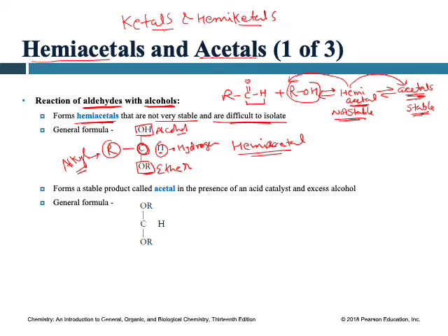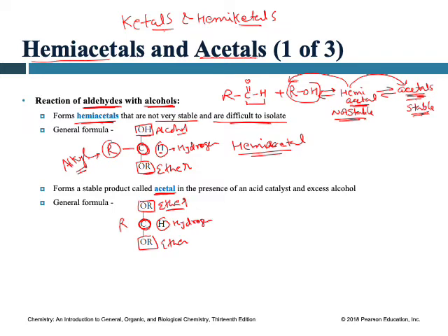And now let's talk about acetal and how the structure looks. It is exactly the same structure as hemiacetal, but the only difference is the OH is replaced by another OR group, another ether. So the same carbon has two ethers, and then you have a hydrogen atom.